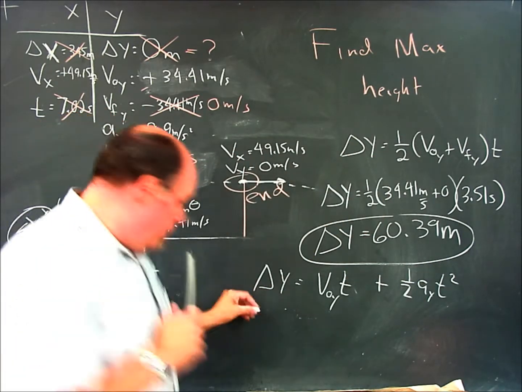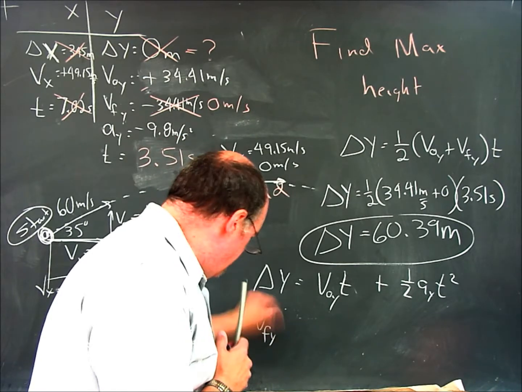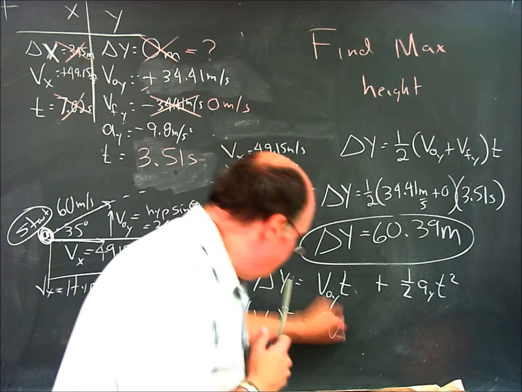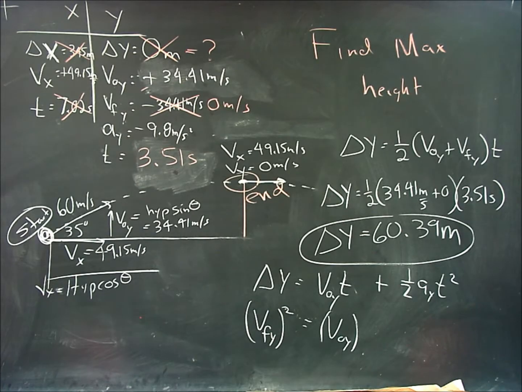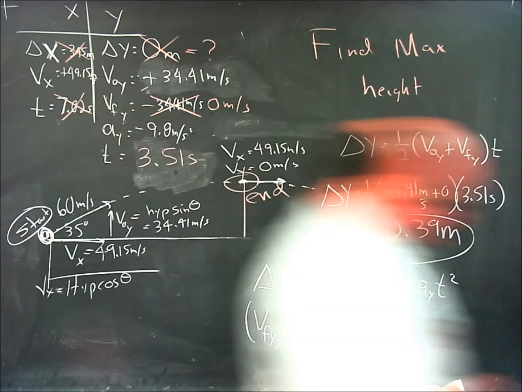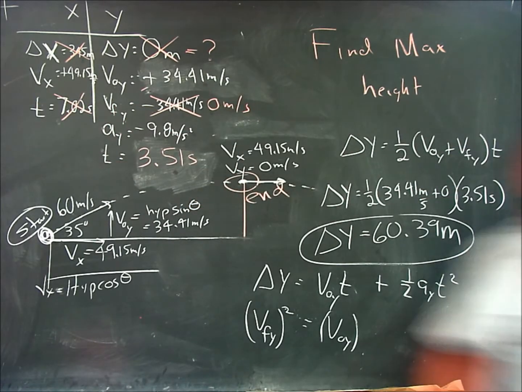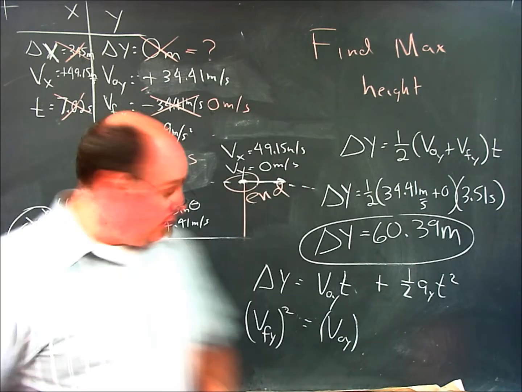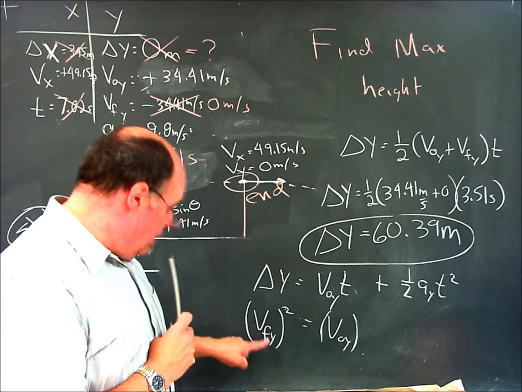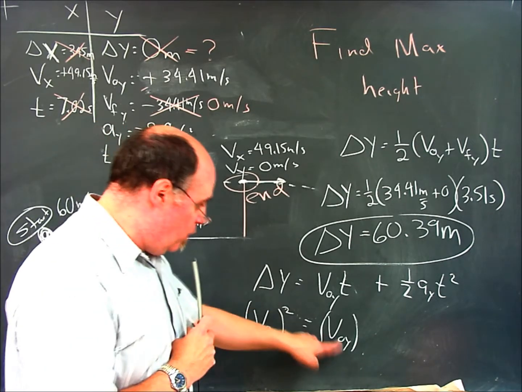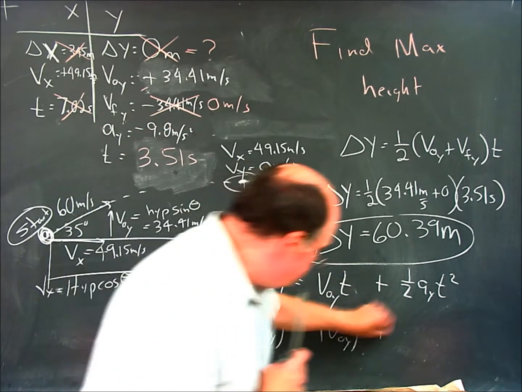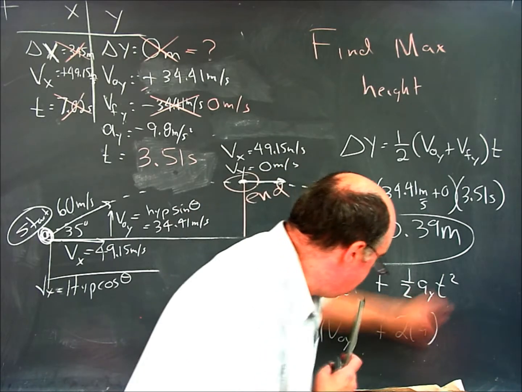If I wanted to, I could have used this. V final in the y direction squared equals v initial in the y direction squared plus 2 times a times delta y.